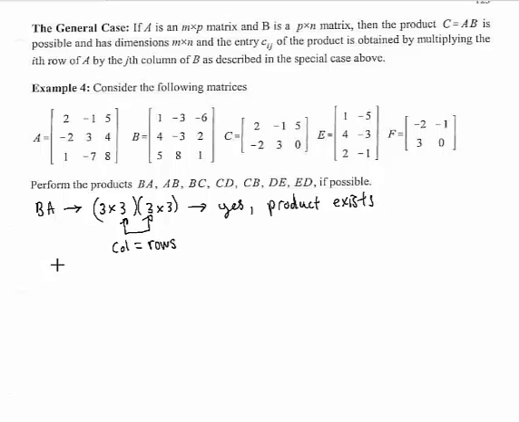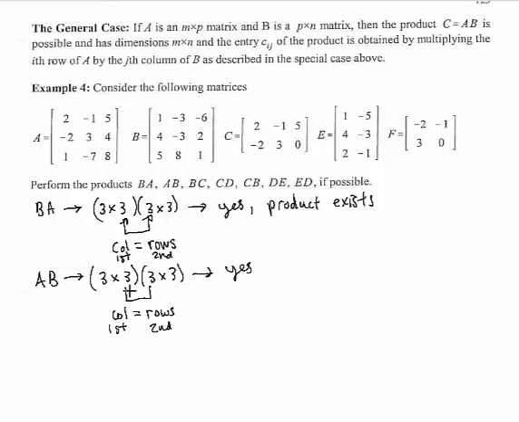What about AB? Well, it's a 3 by 3, so if we swap them, we still end up with the columns of the first equals the rows of the second. Column of the first equals the rows of the second, and we go from left to right. And so once again, yes, this product exists.